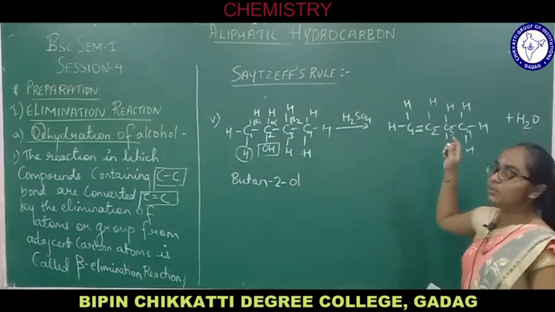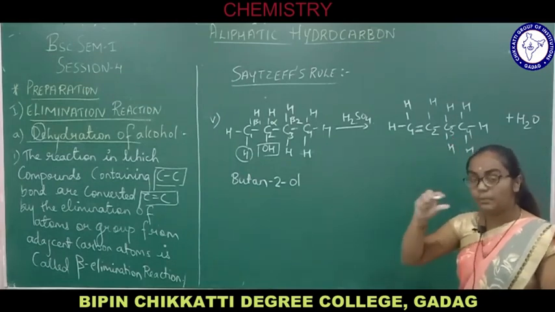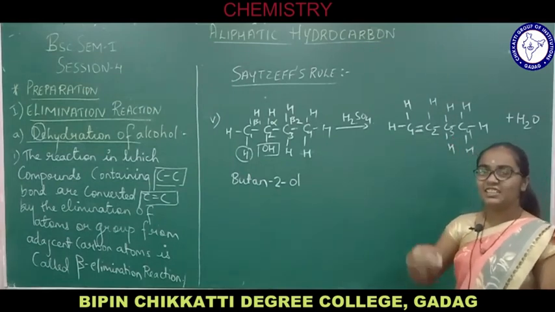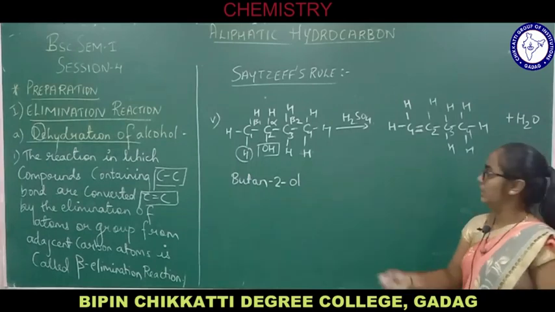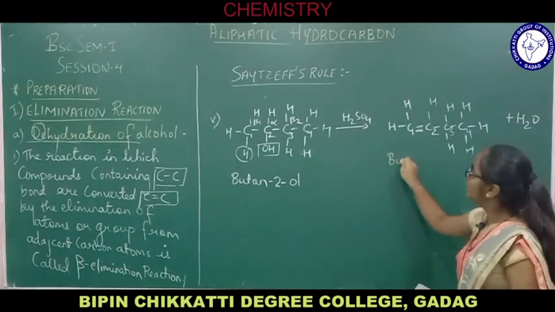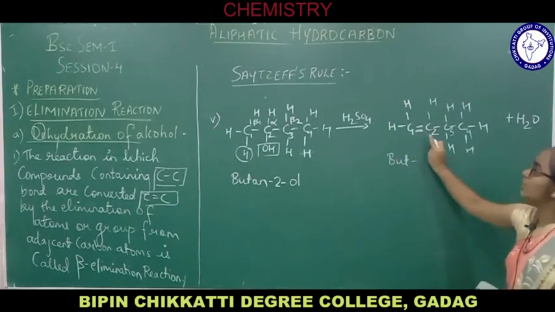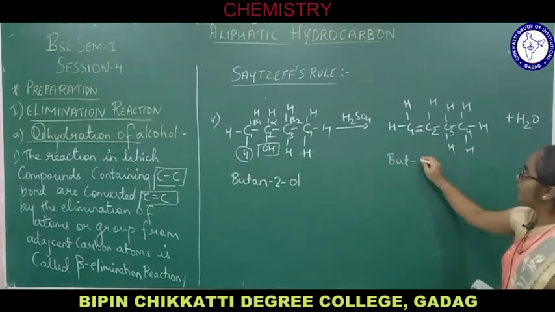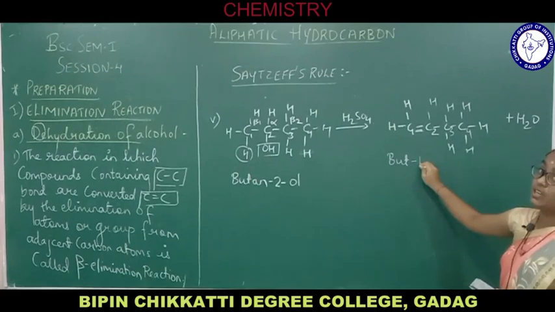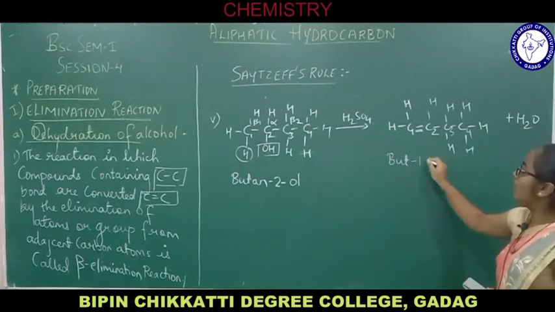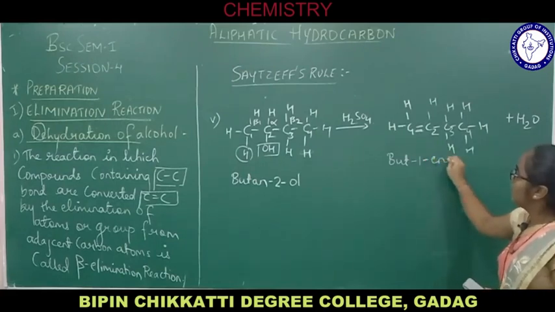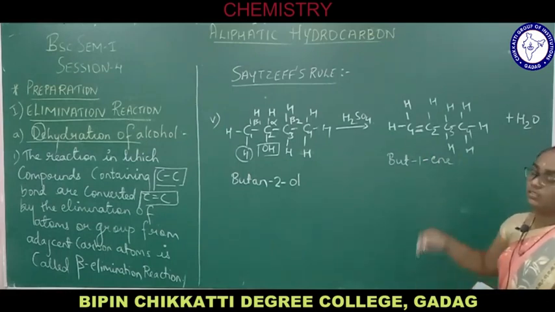But depending upon the position of the double bond, the numbering will vary. Since it is present between 1 and 2, the number will be 1. The lowest preference we are going to choose. So but-1-ene is the name of the product.